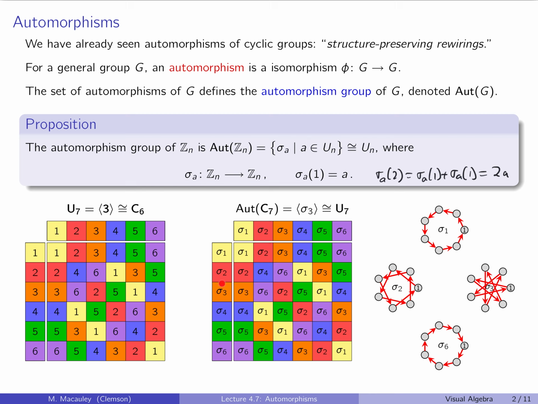So if you triple and then you quintuple, that's multiplying by 15, but since you're doing things mod 7, that's just multiplying by 1. Or the doubling map times the tripling map is the sextupling map. Notice how these groups are naturally isomorphic. And also here is the formal definition of the automorphism group: the set of sigma a's where a is in Un.